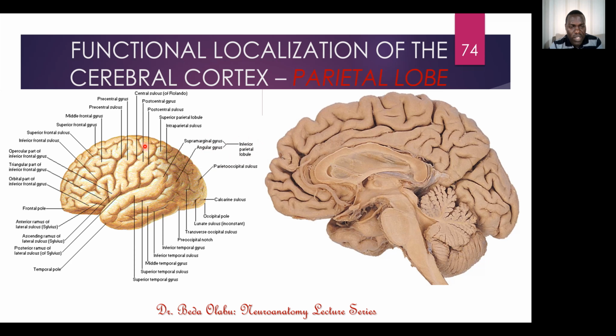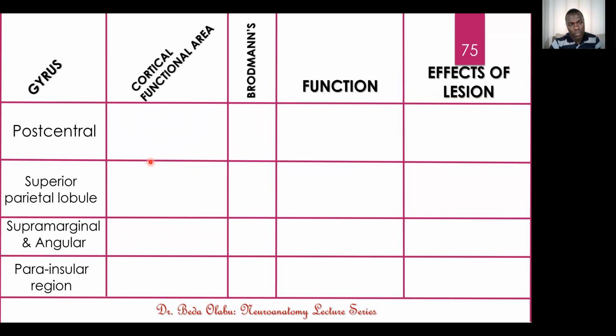Okay, so let's focus on the gyri in the parietal cortex. We've talked of post-central gyrus. Post-central gyrus represents what we call the primary somatosensory cortex. That's the name of the functional cortical area.